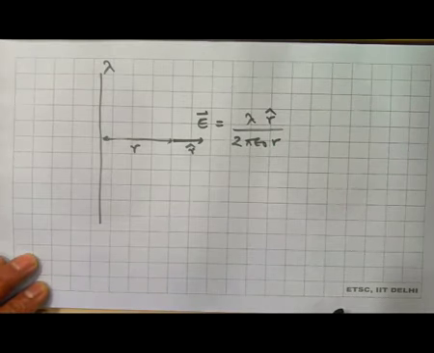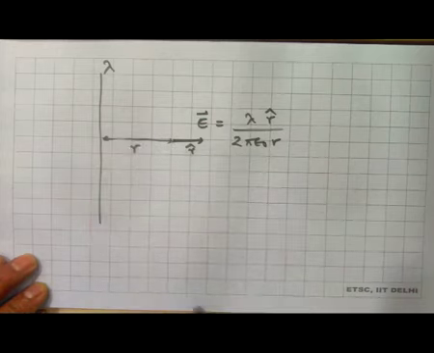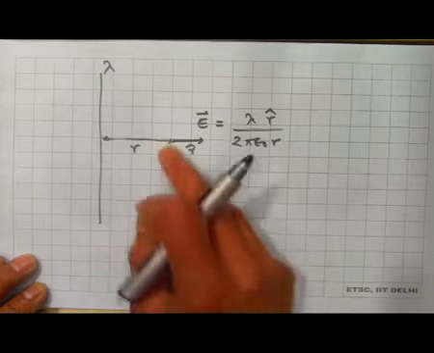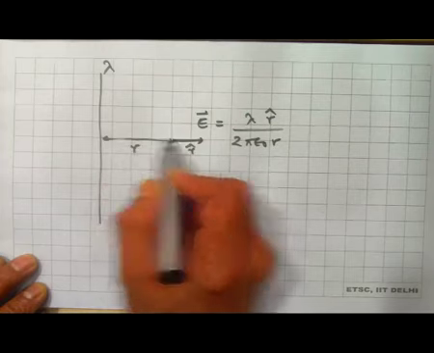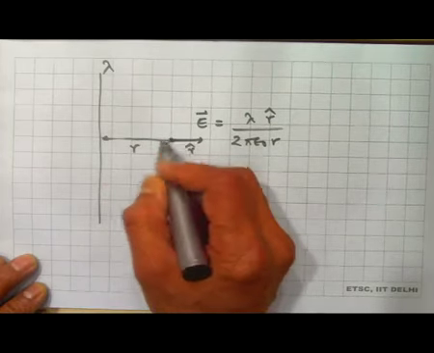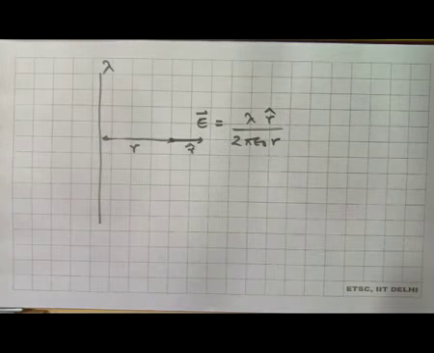So, compared to a point charge where the electric field decreased as 1 by r square, in this case the electric field decreases as 1 by r. Distance r is the distance of that point from the line charge, and it is along the direction of the perpendicular drawn from the point where you are calculating the electric field to the line charge distribution.